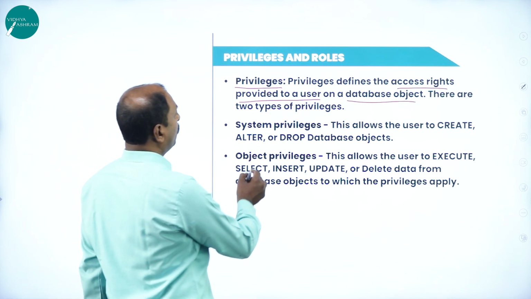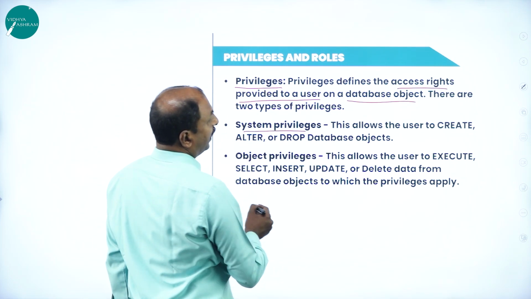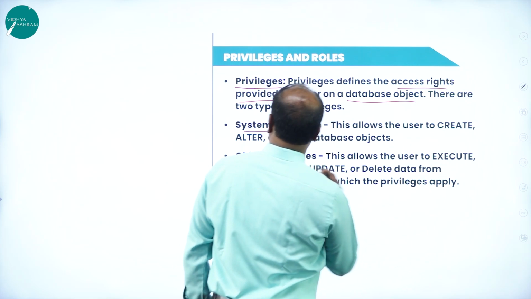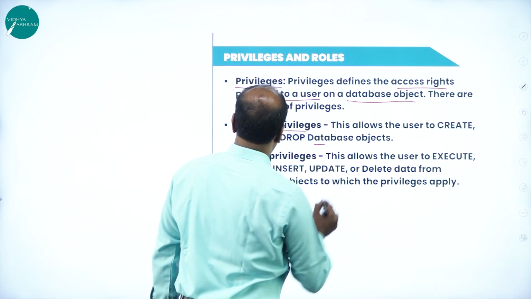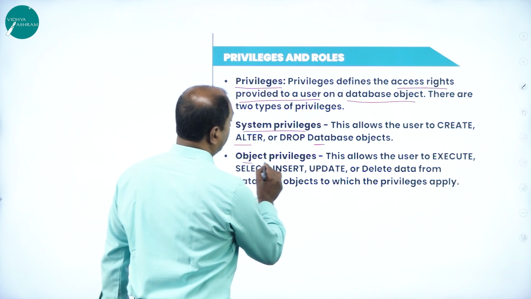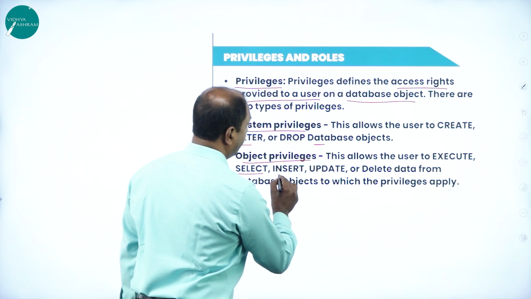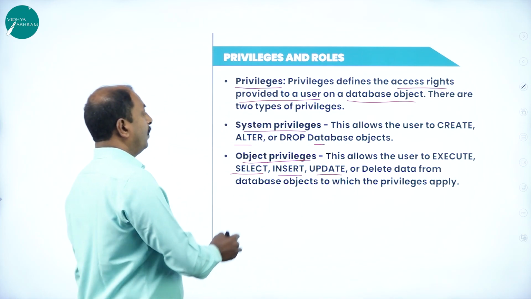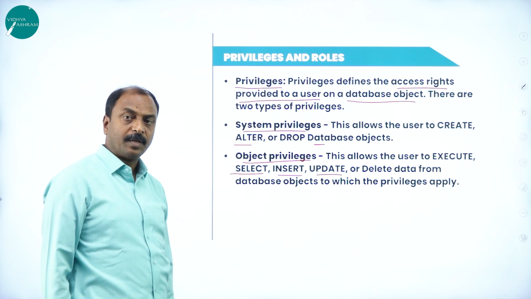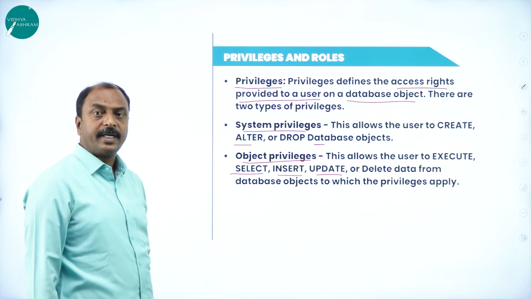There are two types. One is system privileges, which allow the user to create, alter, and drop database objects. And object privileges, which allow the user to execute select, insert, and update queries with respect to the database. So these are privileges and roles.